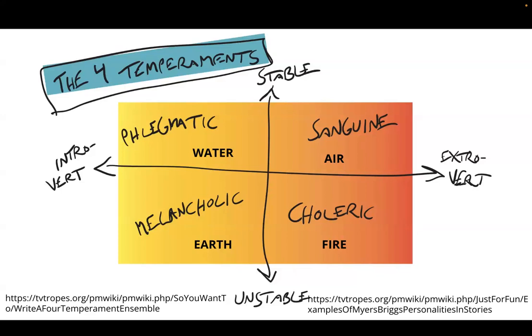But if you know, for instance, the animated series Avatar, you probably recognize some of these things here. So the basic theory goes that every human personality can be divided between these four temperaments, which are water, air, earth, and fire.